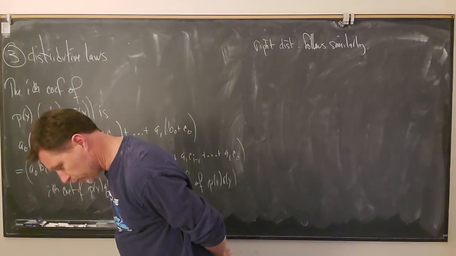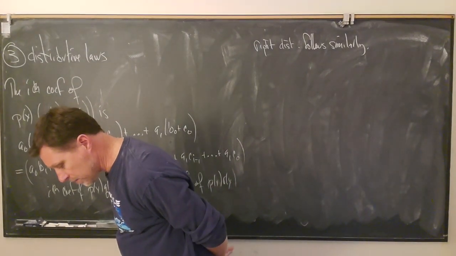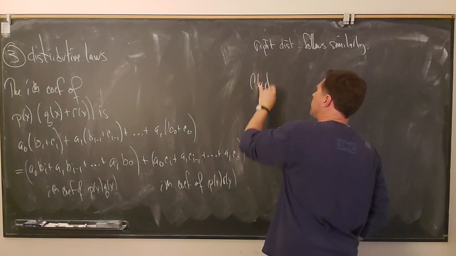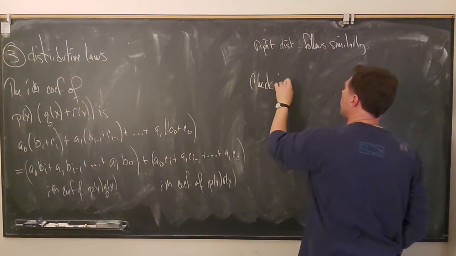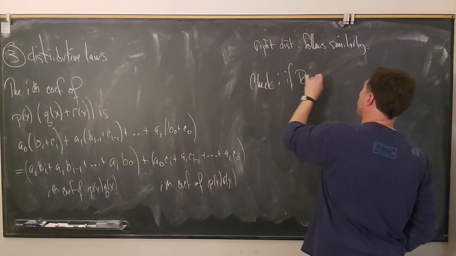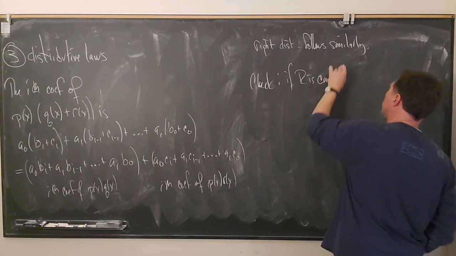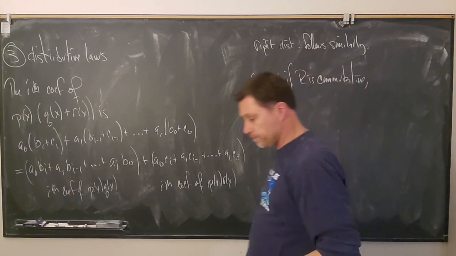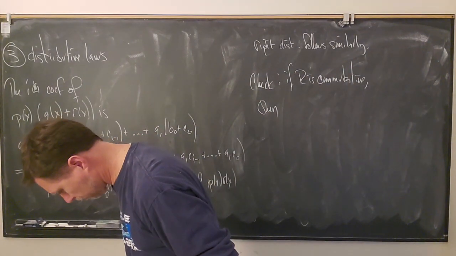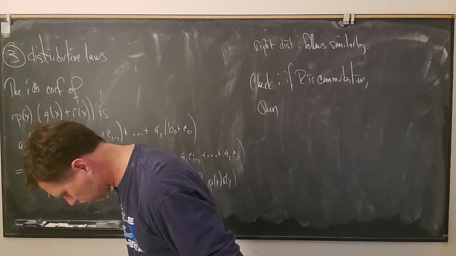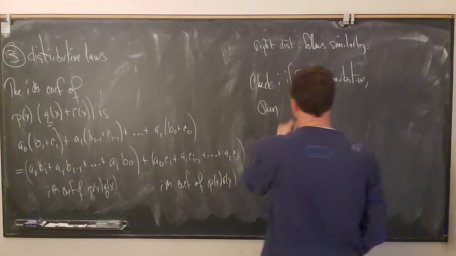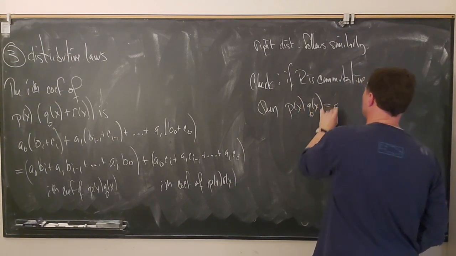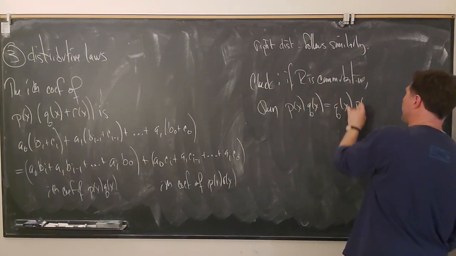To finish out the proof, right? So if R is commutative, then it's clear. So I'm just going to say check. All right, you can see this easily. So check if R is commutative, then when you multiply, just check P(x)Q(x) is equal to Q(x)P(x).